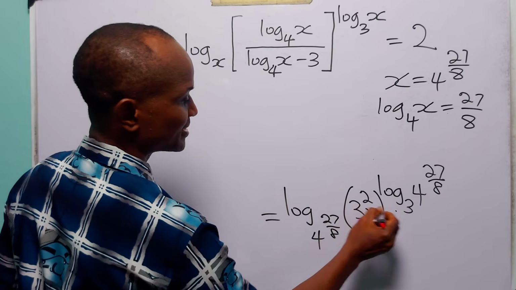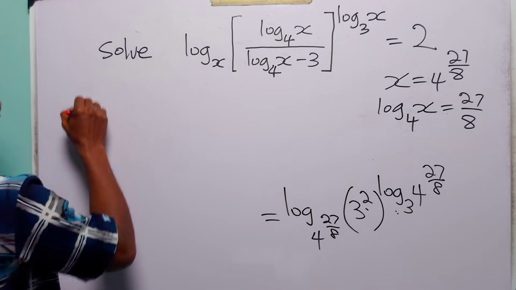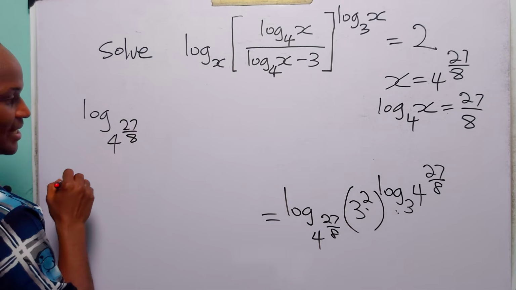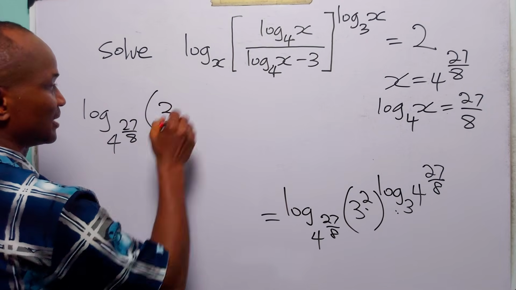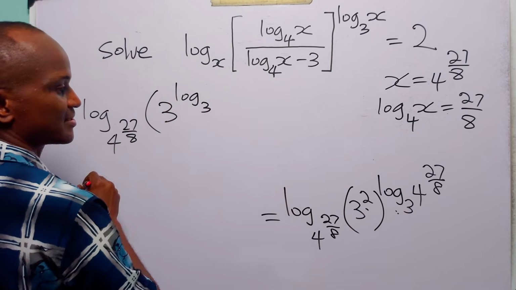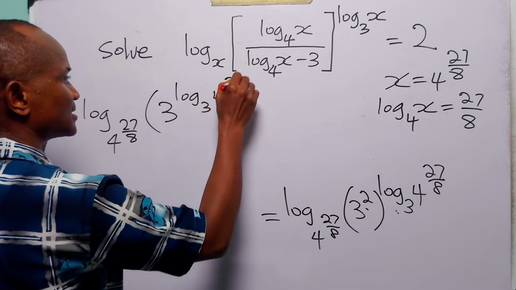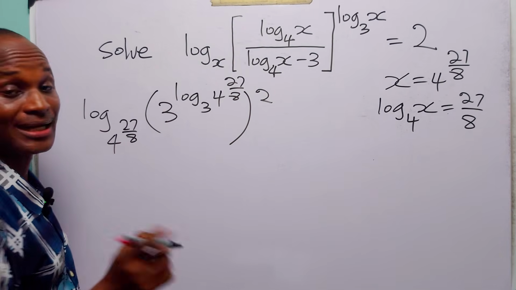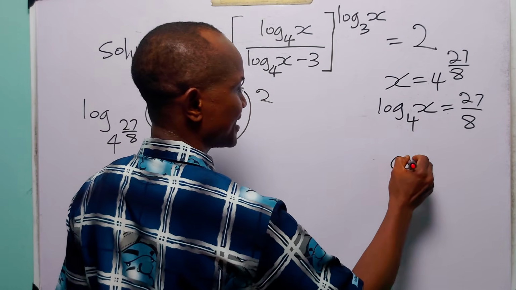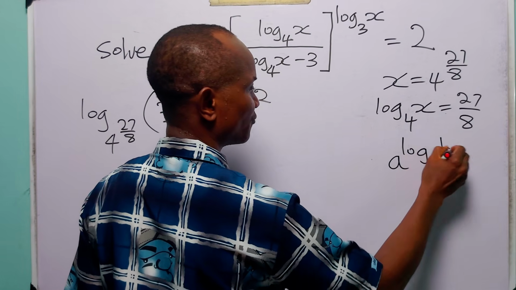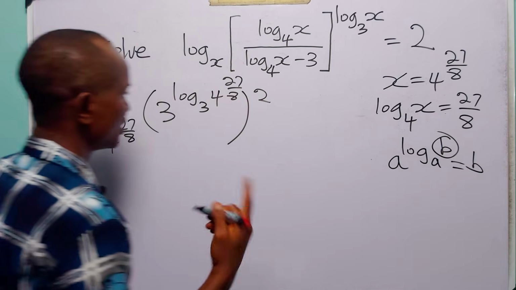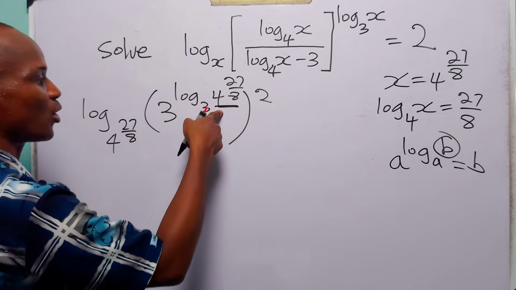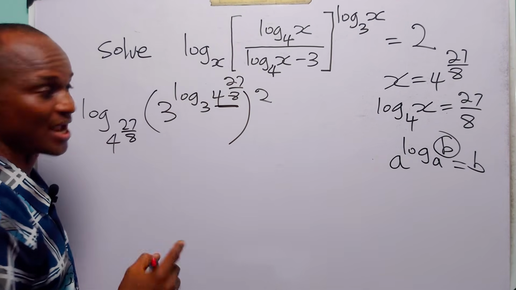And when we switch the places of these two powers, we have log to base 4 to the power 27 over 8 of 3 to the power log to base 3 of 4 to the power 27 over 8, all squared. And once more, remember that a to the power log to base a of b is equal to b. So we have that 3 to the power log to base 3 of this is simply equal to 4 to the power 27 over 8.